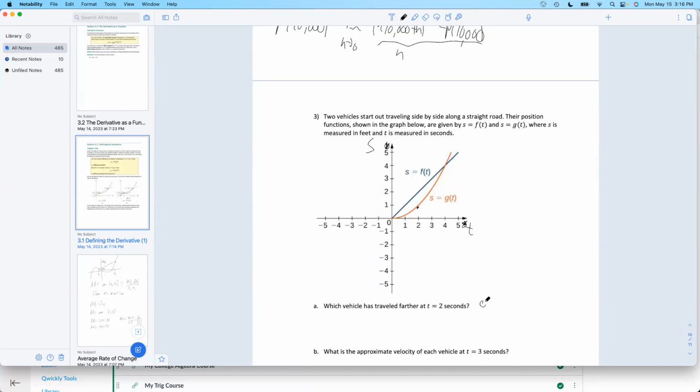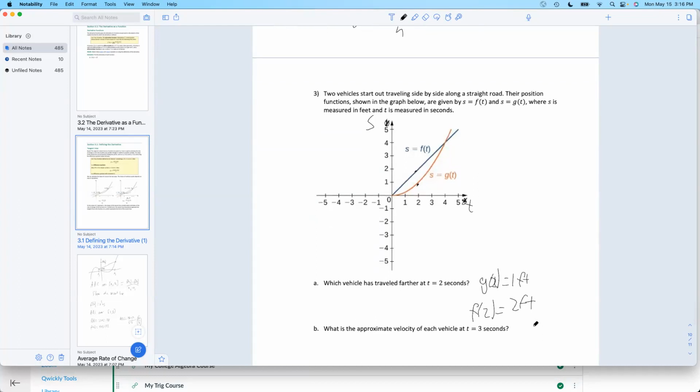So g of 2, I apologize, g of 2 is 1 foot. He's traveled 1 foot. f of 2, where's he? Oh, he's up here. He's further away. He's 2 feet away. So who traveled further? f did.